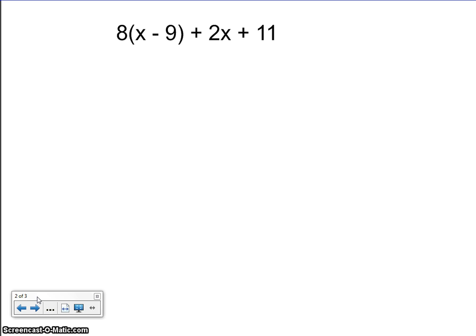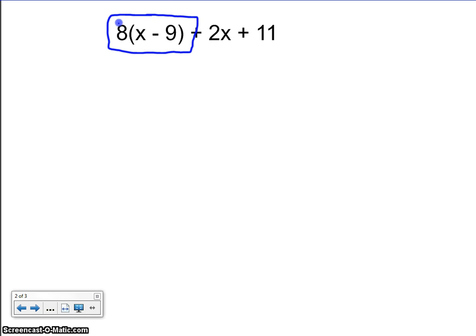Here's one that's a little bit more difficult with a few more terms. If you notice right here, I have an example of where I would use a distributive property, and then I'm going to add a 2x and add an 11. So let's highlight where I'm going to use a distributive property so I can just focus on that first.